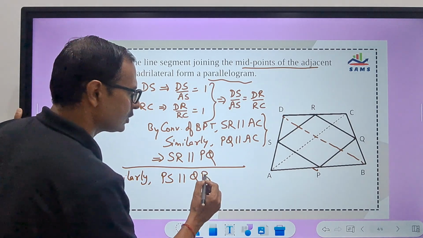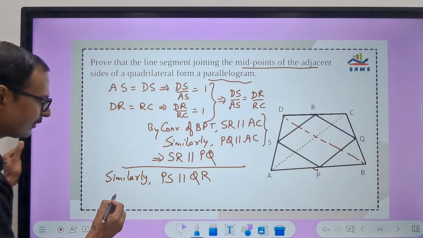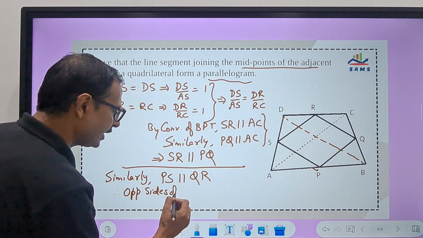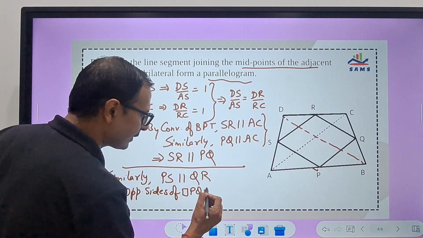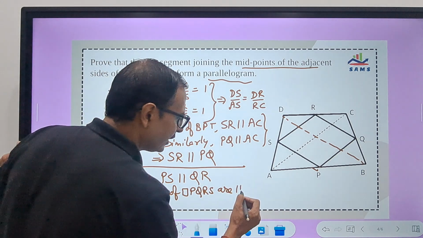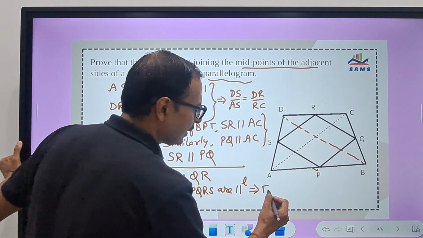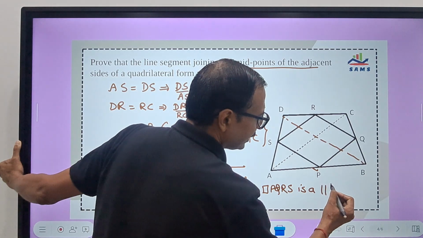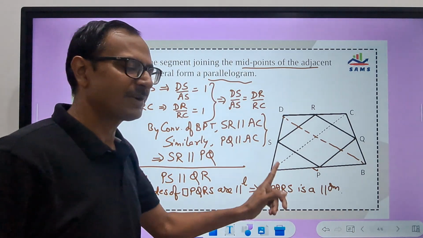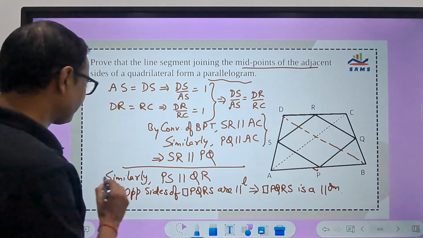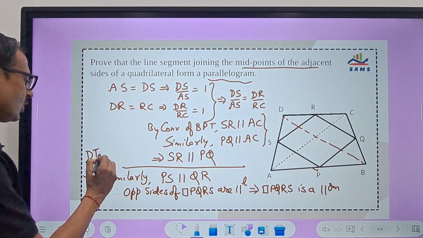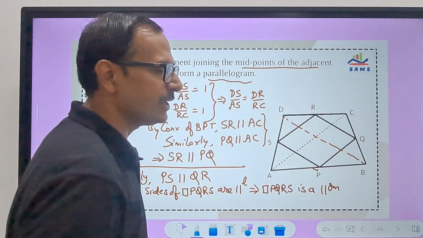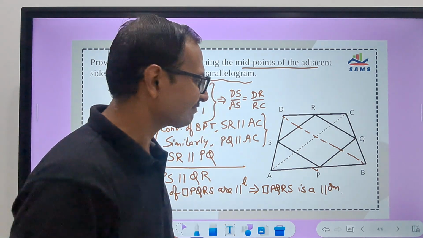You have to obtain that also, and then you have to write, therefore opposite sides of quadrilateral PQRS are parallel. That means the quadrilateral PQRS is a parallelogram, and that completes our proof. See, I have left one part here as a DIY, do it yourself, because it is exactly the same as the first part which I have solved here. So you need to complete the proof, okay?